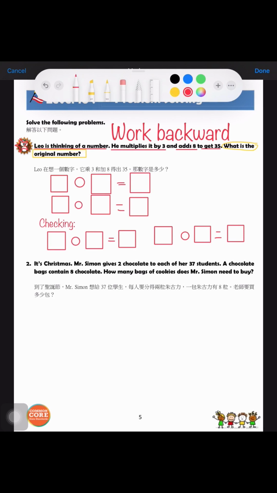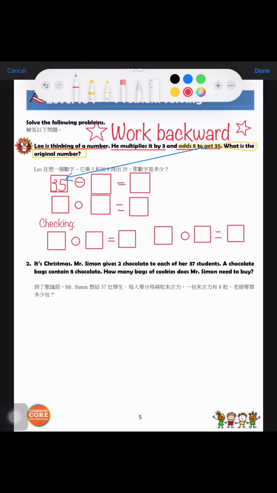Again, we may use work backwards. The final answer he got is 35. So we may start with 35. And then the second step he did was add 8.